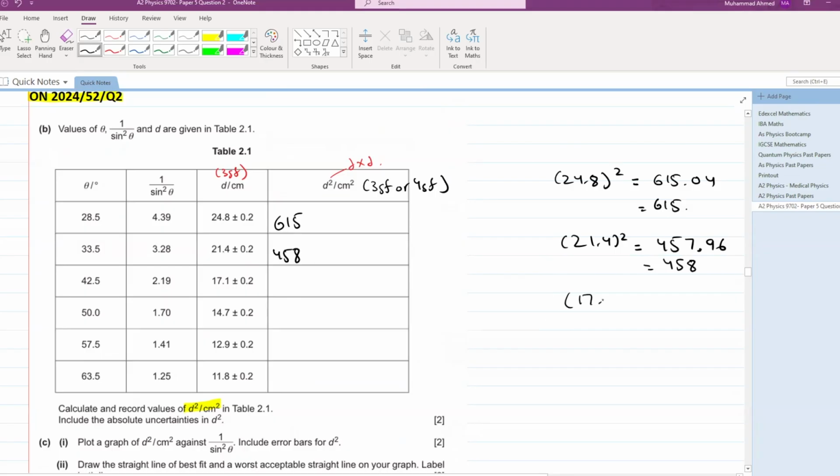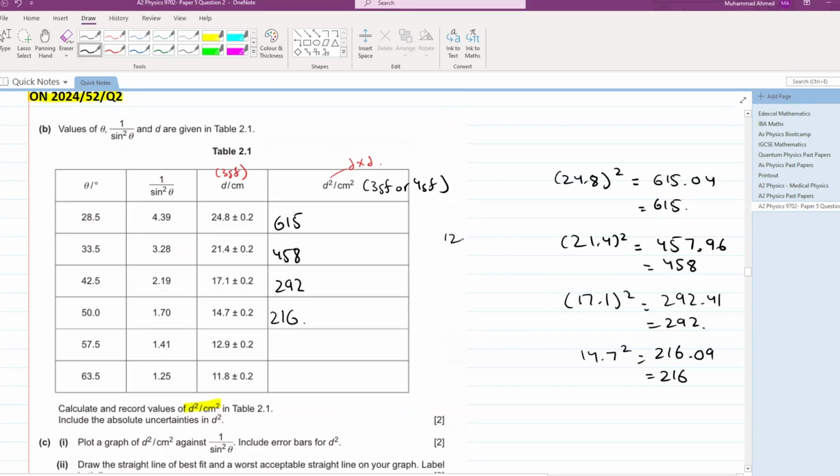Let's do it for the next one. 17.1 whole square equals 292.41. To three significant figures, this is 292. Perfect. Let's do it for 14.7 square. This comes out to be 216.09. To three significant figures, this is 216. Let's write it here, 216.